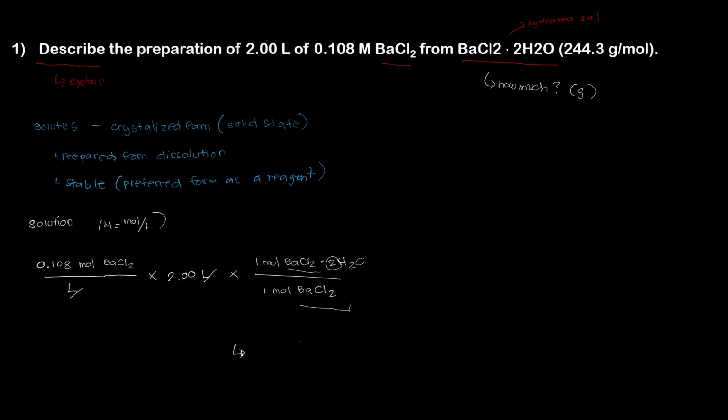Okay, in 1 mole of BaCl2·2H2O, how much water are there? So 2 moles of H2O, because we are looking at the H2O and there are two here. Okay, so another example is here. For instance, we want to know how much chlorine in BaCl2.